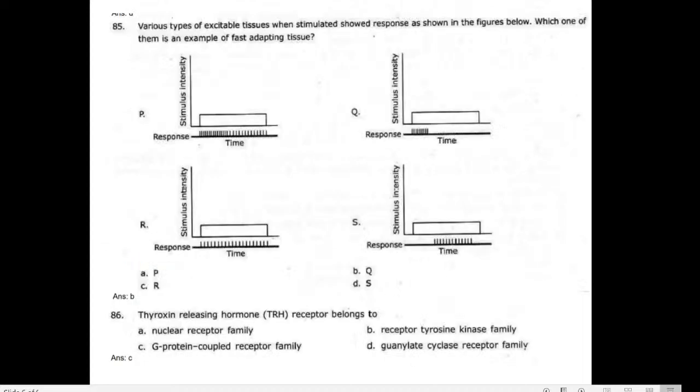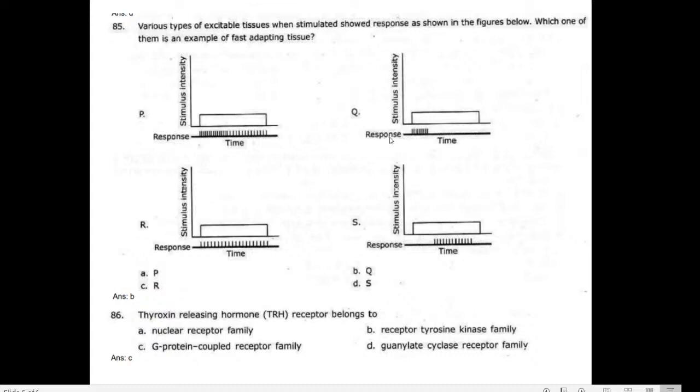Okay, next is a very easy question. Various types of excitable tissues, when stimulated, showed responses as shown in the figure below. Which one of them is an example of a fast adapting tissue? Fast adapting tissue means the cells easily adapt to the environment. This is called the adaptation period.